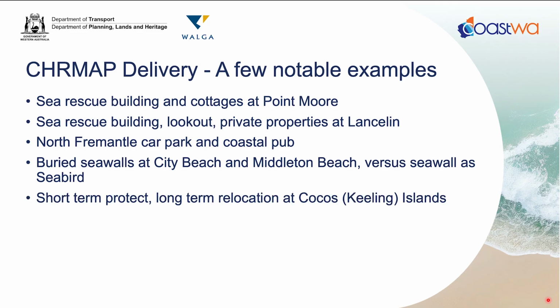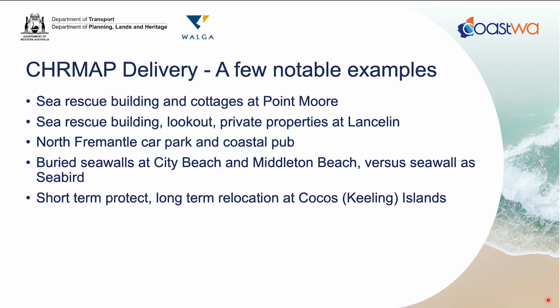And then this last example, which is a slightly different one, this is the Cocos Keeling Islands CHRMAP. The Cocos CHRMAP includes a recommendation that recognises the significant cultural and social dislocation and the human rights challenges associated with retreat entirely from a home. So it seeks to slowly implement retreat.